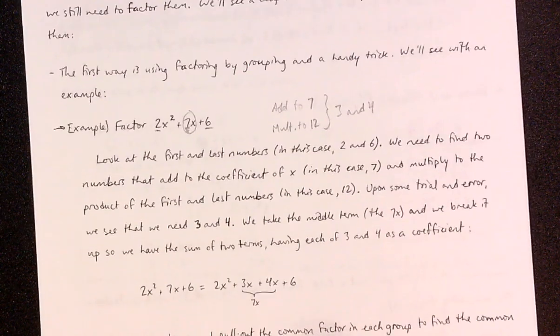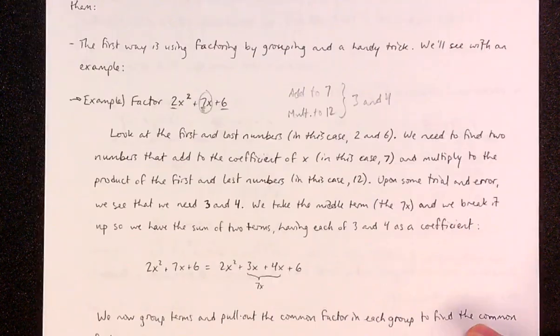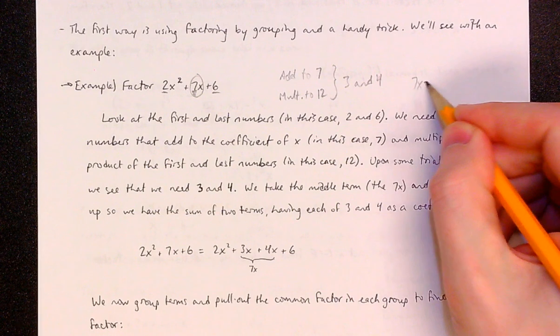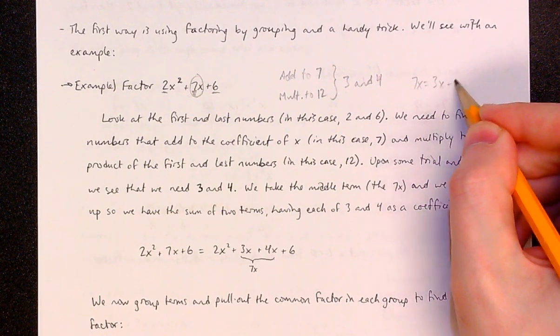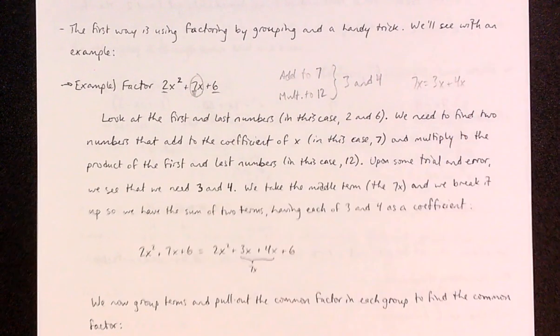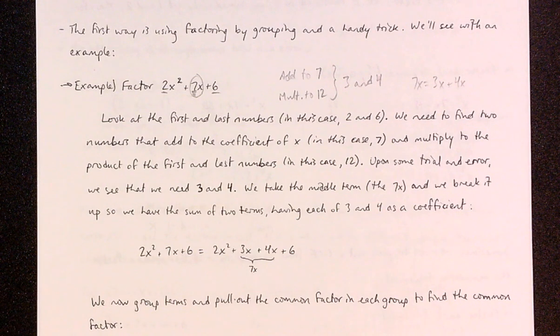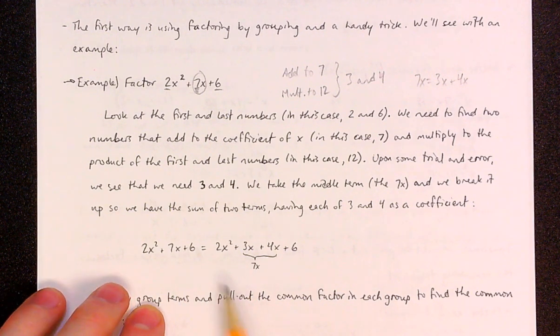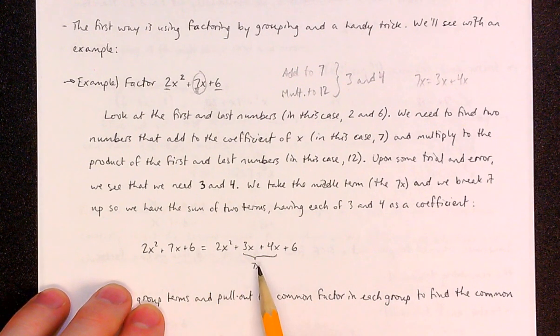So I'm going to take that 7x and rewrite it as 3x plus 4x. And that's exactly what I did down here, as you can see. I took the 2x squared plus 7x plus 6. You kept the 2x squared, and then plus, I took the 7x and wrote it as 3x plus 4x, and then I had that plus 6.